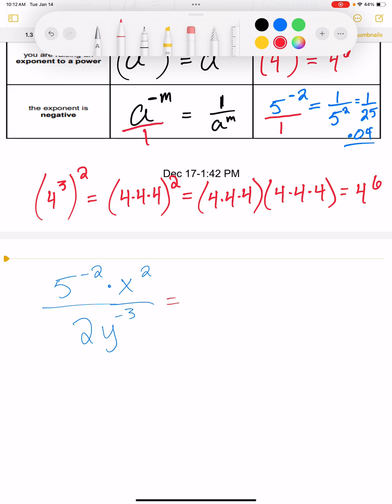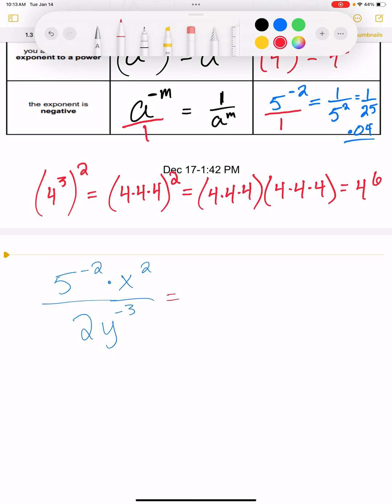But that's not the case. Not necessarily. In this, the answer would be x squared y cubed over 2 times 5 squared, like that. Now that wasn't just flipping it, right?